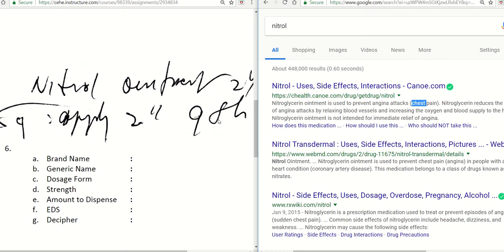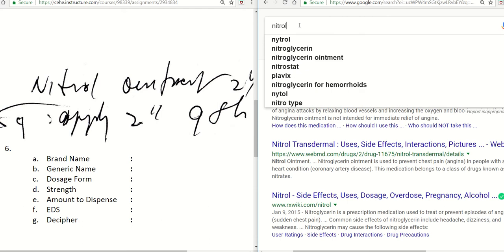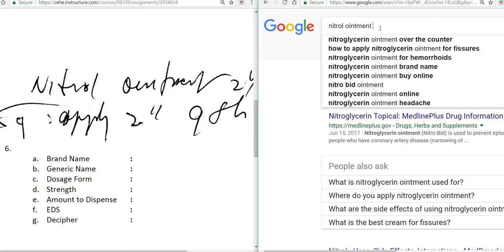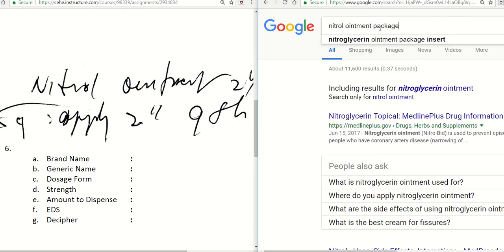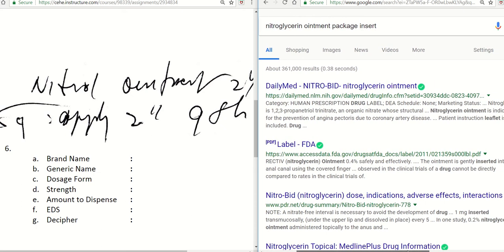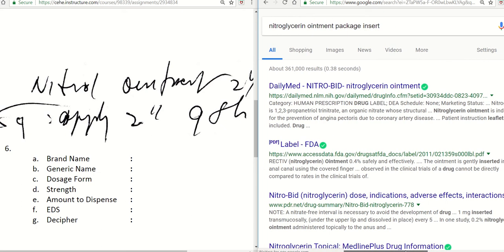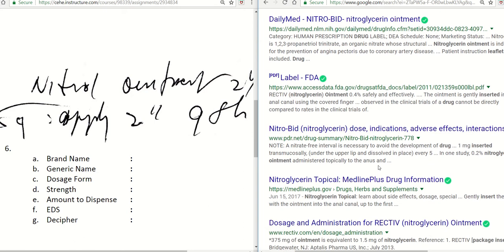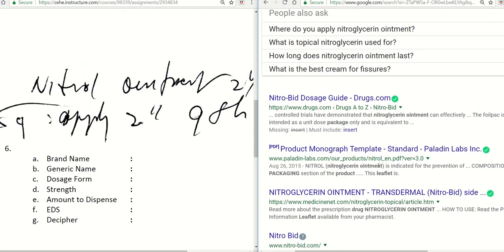So from the tube, if you measure out 1 inch, that is equal to 1 gram. So let's see how big this tube is. Nitro ointment package size. Let's see how supplied.